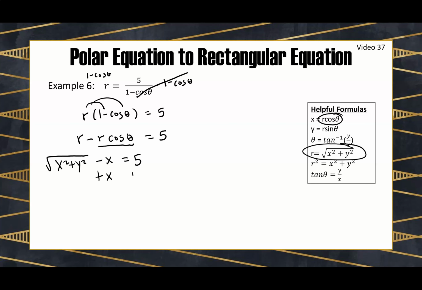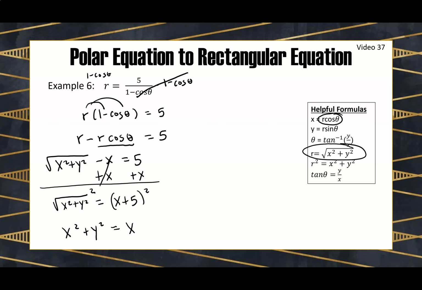Add x to both sides. You don't want to square right away. It's going to be wicked complicated if you try to FOIL like that with the square root in it. So that cancels, and I drop down my x squared plus y squared that's being square rooted, and I'm left with x plus 5. We're going to square both sides now. That's going to give me just an x squared plus y squared equals.